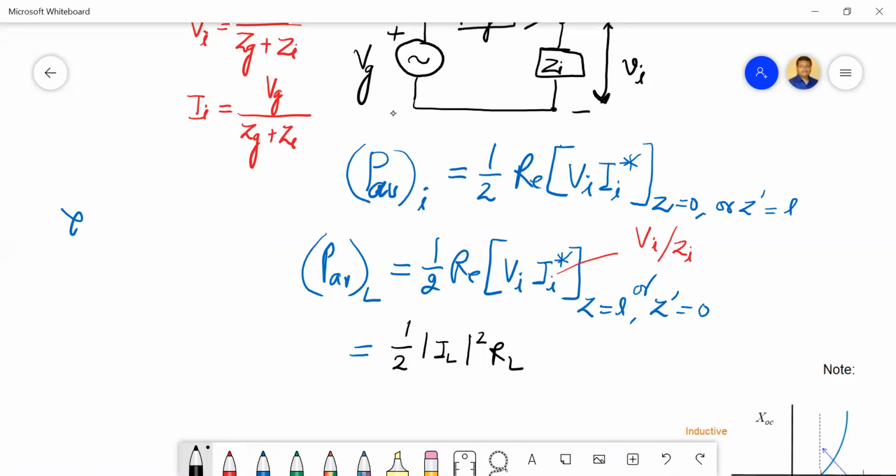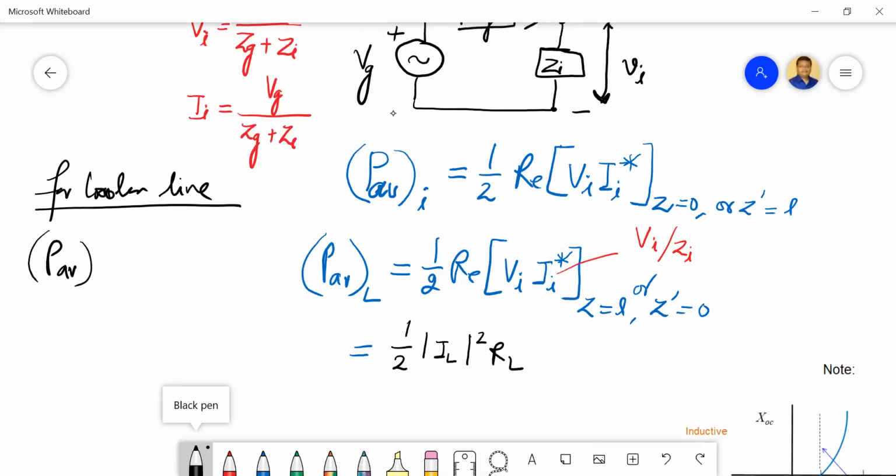Now, if I take one special case, that the line is lossless: for a lossless line, I can write P average at the input side is equal to P average at the load side.